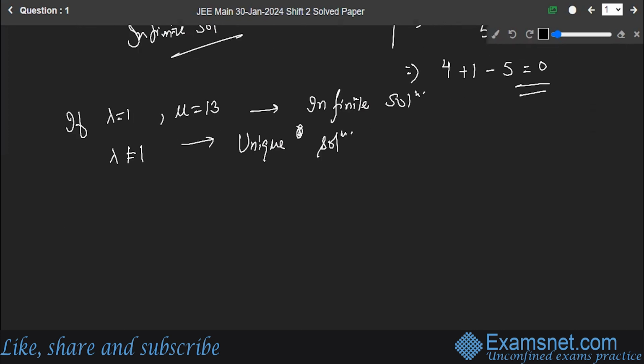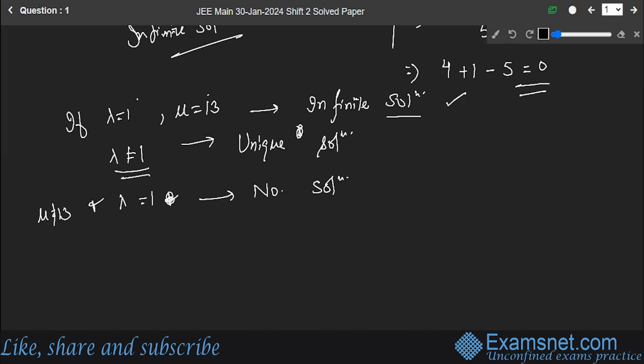And for no solution, lambda will be equal to 1 and mu will be not equal to 13. See, if lambda is equal to 1 and mu is equal to 13, you will have infinite solutions.